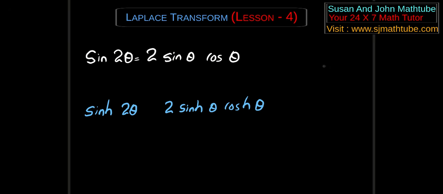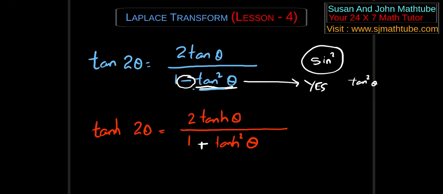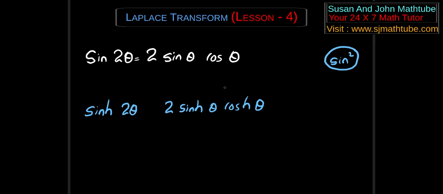Now the next question is, are you able to see sine square in an implied manner or in an explicit manner? In the last formula there was no explicit sine square, but it was hiding inside this tan square. So here, there is no sine square or sine into sine effect. No, it's not there. So that's it. The formula will be the same.